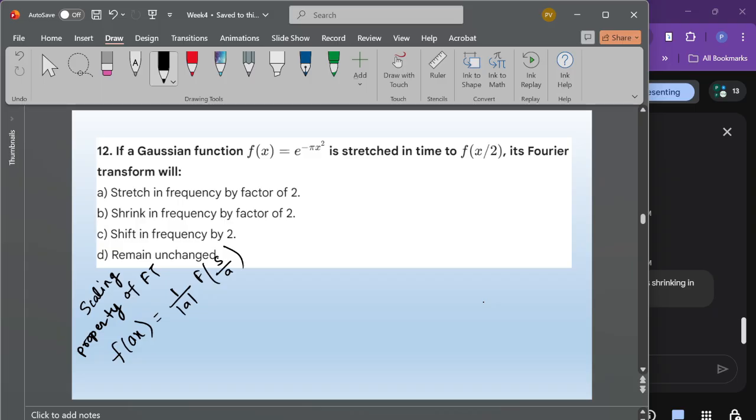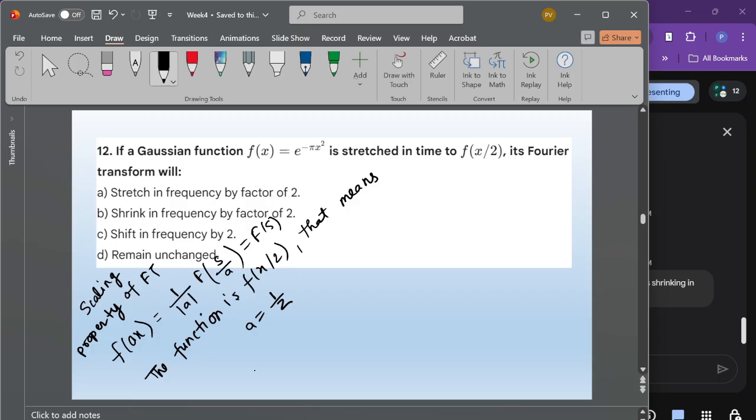Okay, so the function here is given as f of x by 2. Here that means a is equal to 1 by 2. If you put this in, it is represented by F of s in the frequency domain.